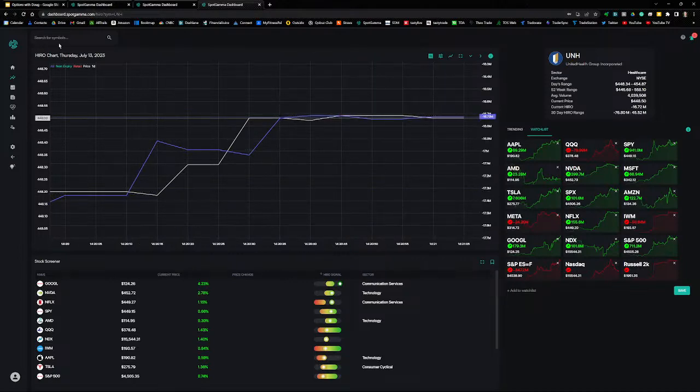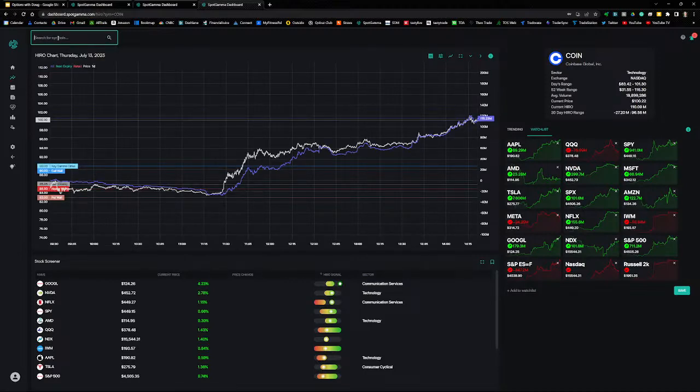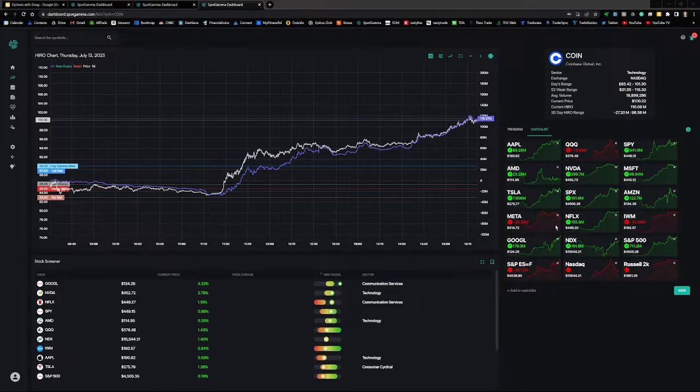All right, let's take a look at Coinbase. So apparently, Slotazari says Coin had good news today, doing well. It appears that news came out about 11:30.